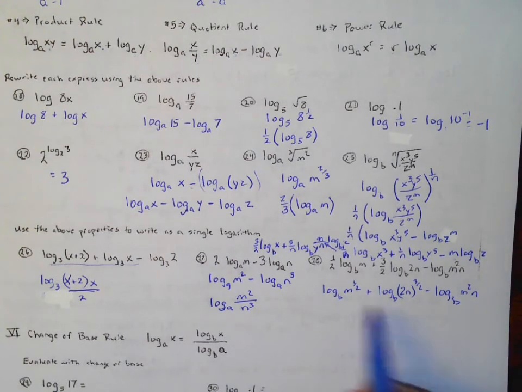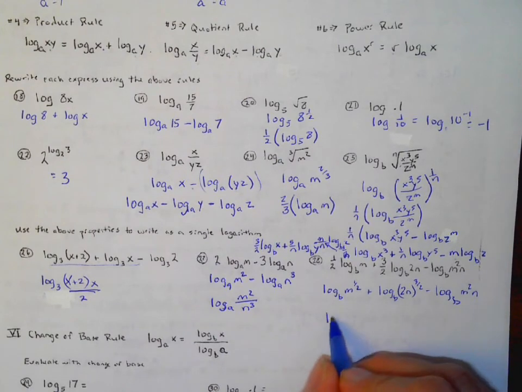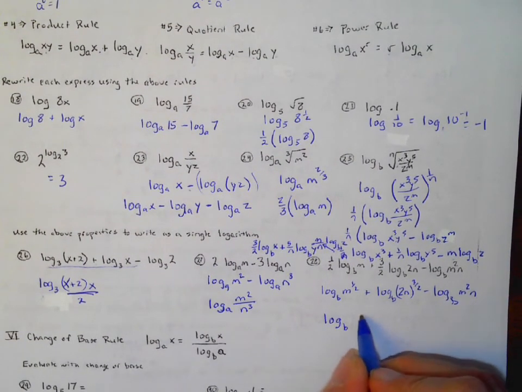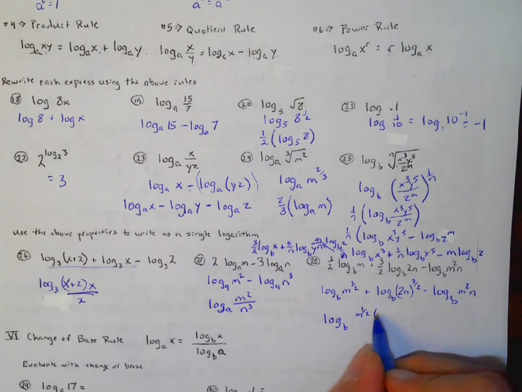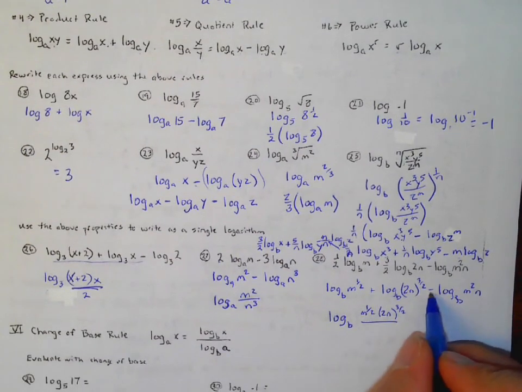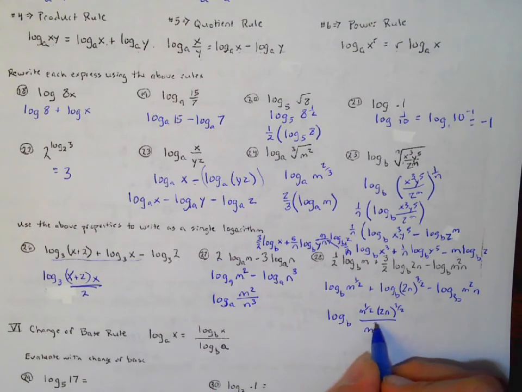Okay, so since this is addition, I'm going to use the product rule. So this is log base b of m to the 1/2 times 2n to the 3/2, and since it's minus, using the quotient rule, that's going to be the division, m to the 3rd n.